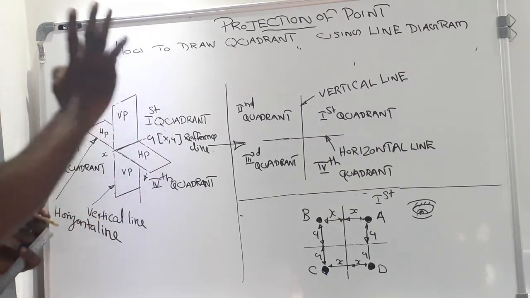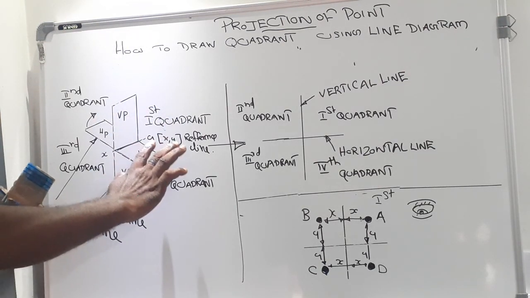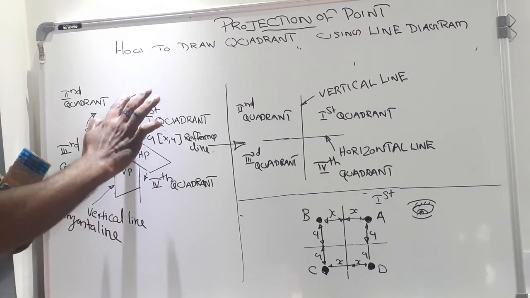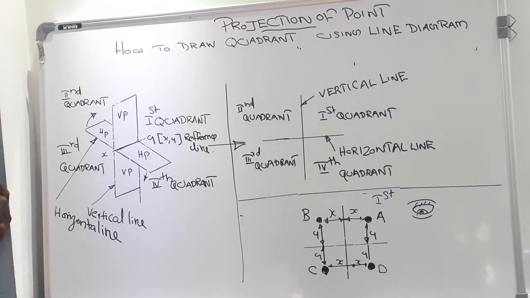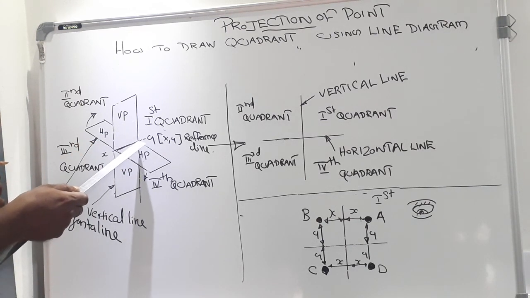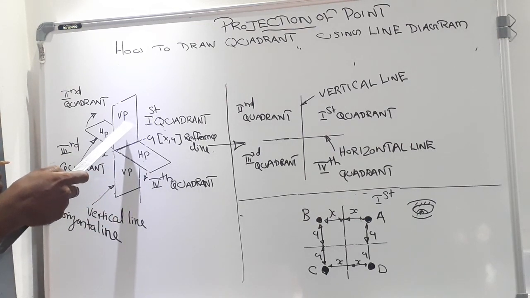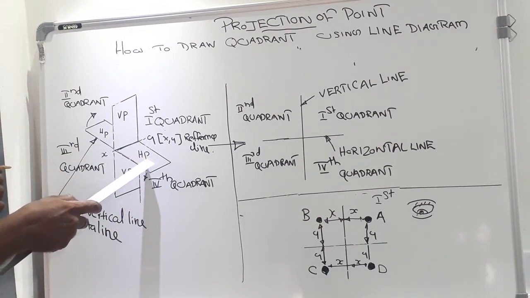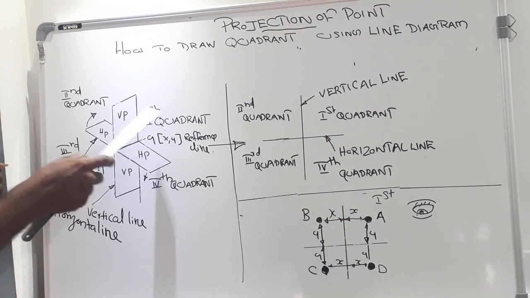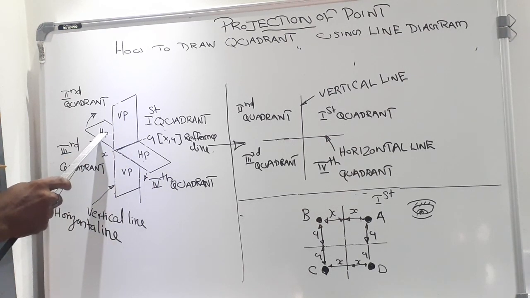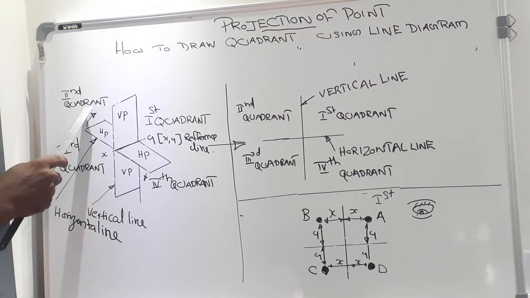By the help of this figure, once again I explain, this surface is called vertical plane, this is horizontal plane, and joining edge of the vertical and horizontal plane is called XY line or reference line. Space in between vertical and horizontal plane is called first quadrant, and space in between horizontal and vertical is called second quadrant.